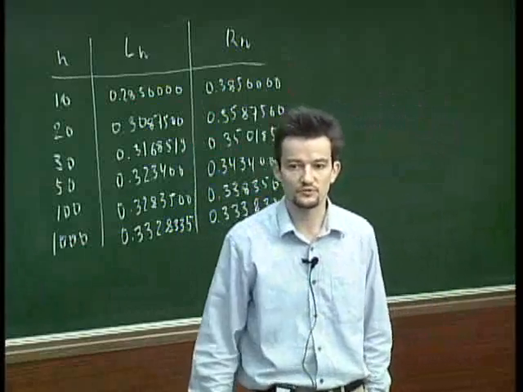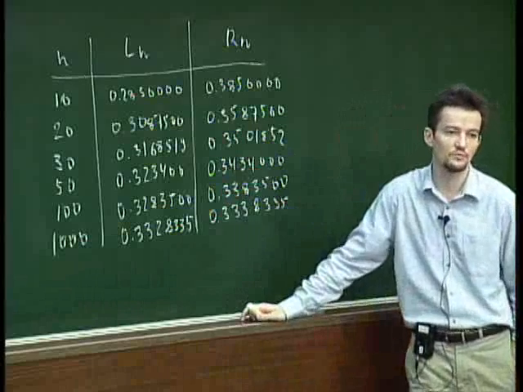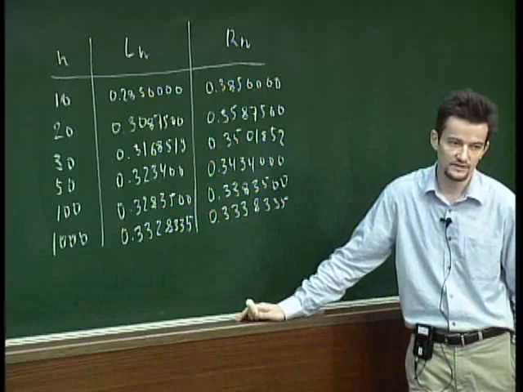From this table, we could conjecture that the value we approximate is 1/3, which of course you know is true for this area.